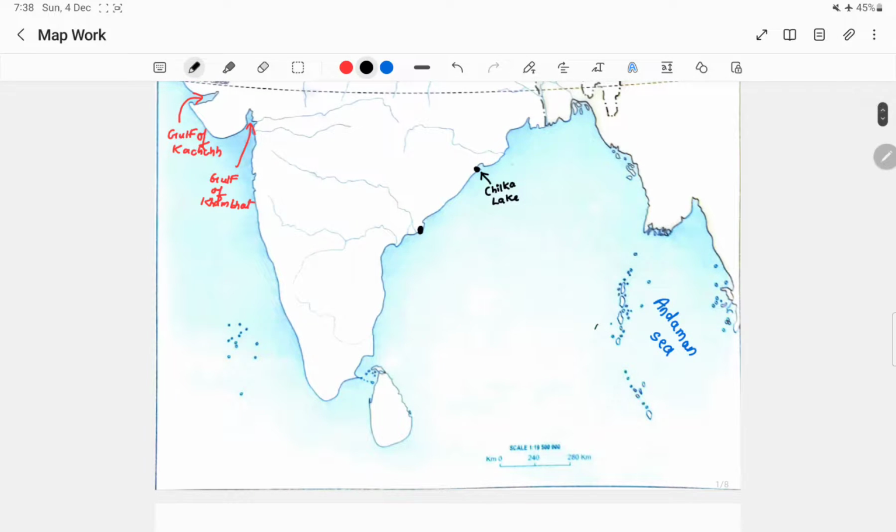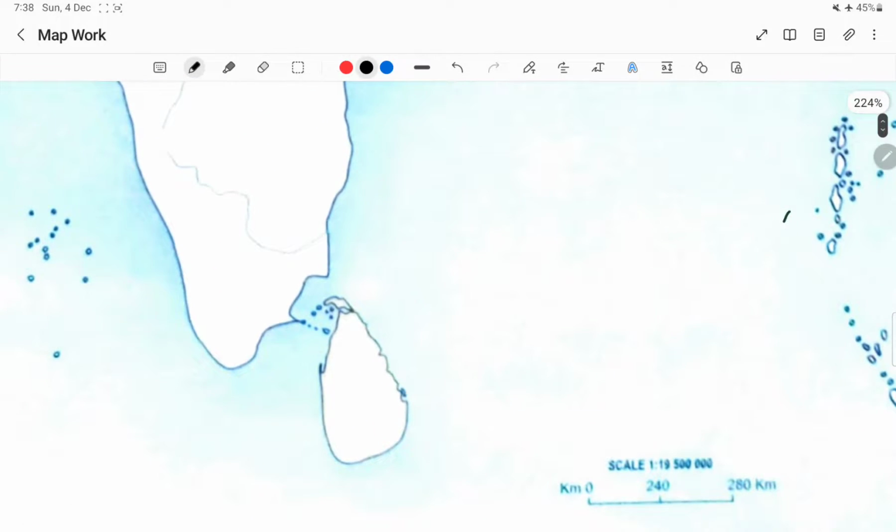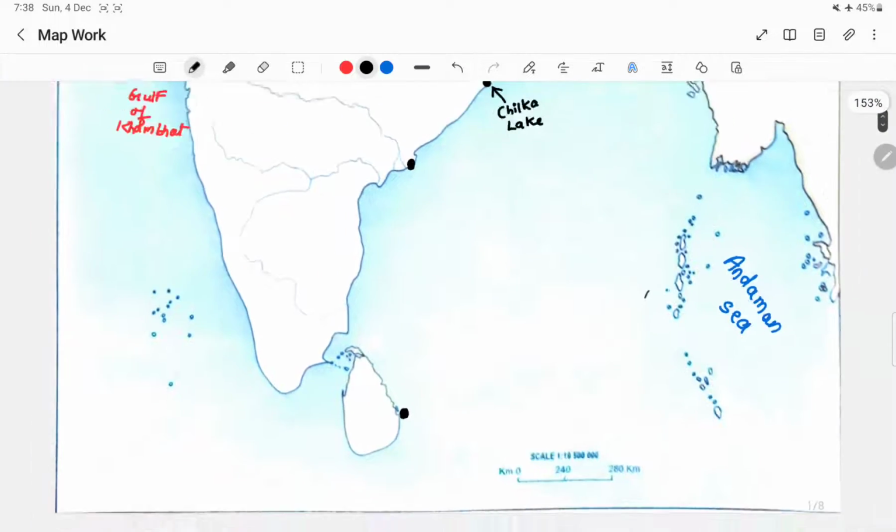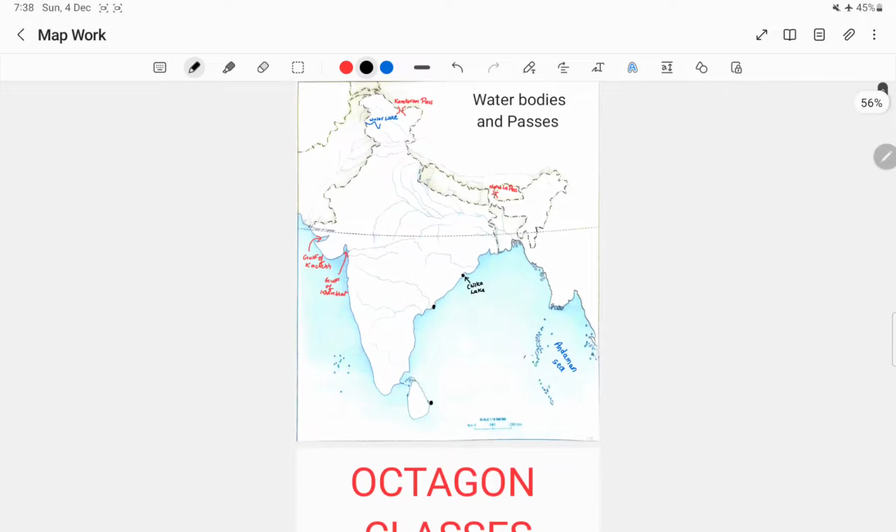One is over here, which I have already marked, and the other one will be over here. Now you don't have to do anything, you just join these 2 points and you will get the standard meridian, that is the 82.5 degree east standard meridian. So this will be the line for standard meridian.